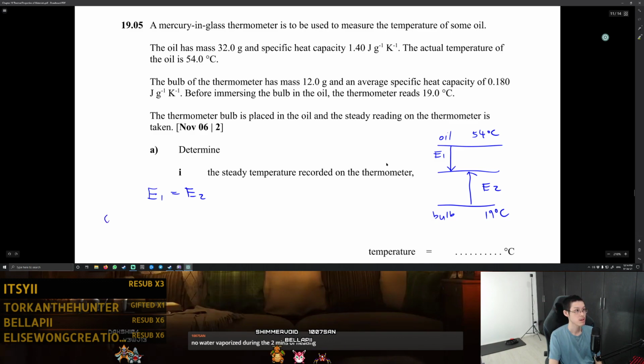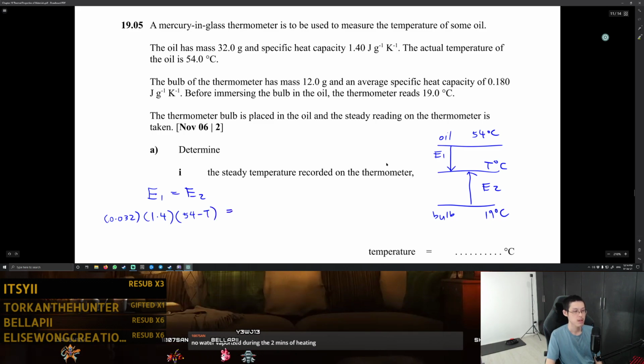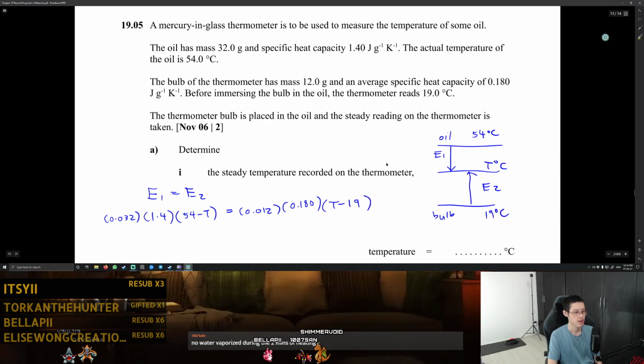M is 32 grams. C is 1.4. T is, let's say this is T degrees Celsius. 54 minus T. E2 is going to be 12 grams, 0.180, and then T minus 19.